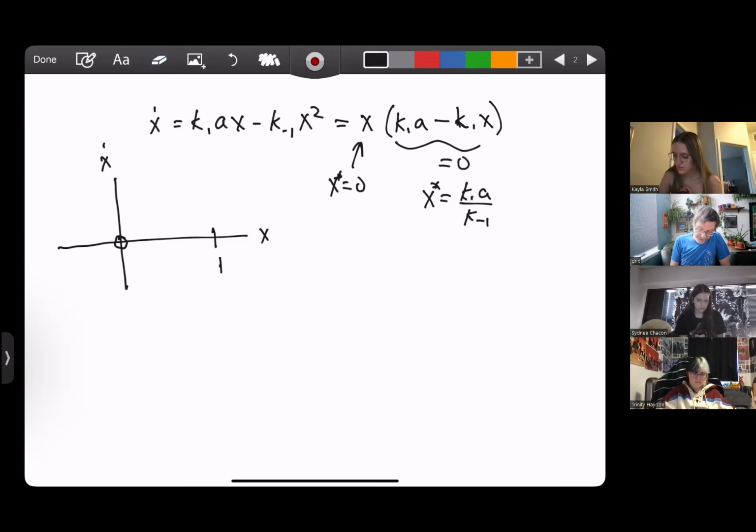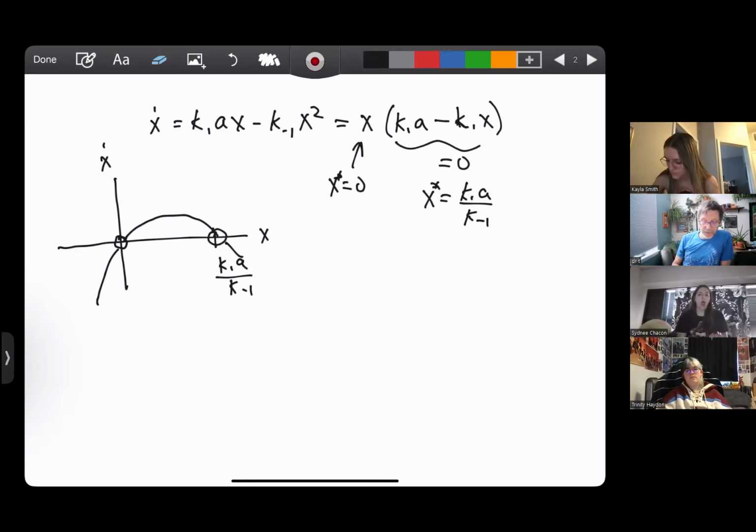So this would be K1A over K minus 1 here. And when you plot that out, you're going to get an upside down parabola. Does that make sense? Because this is a negative something times x squared, so it'll open down.